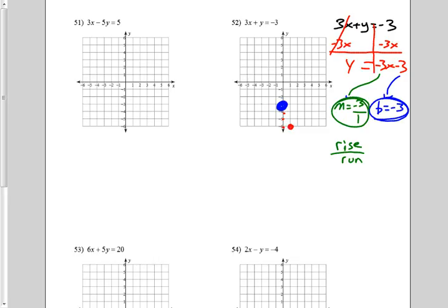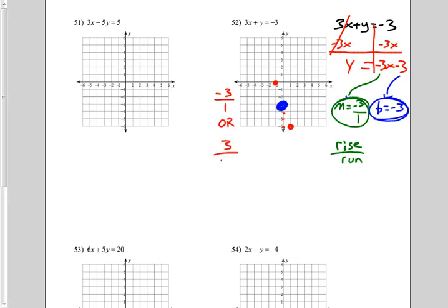Now I've run out of room there. So go back to my starting spot here, and instead of down 3, I'm going to go up 3, but now I'm going to go to the left one, so I can get a new point. It doesn't matter if I go down 3, right 1, or up 3, left 1.